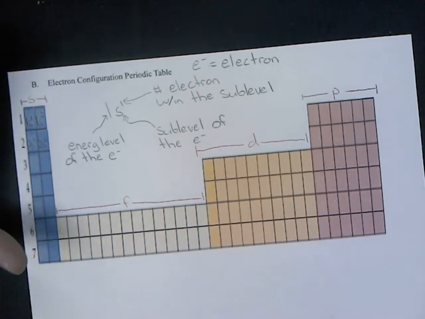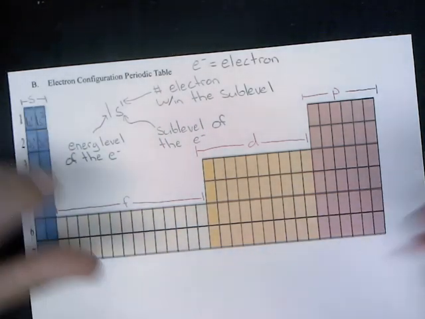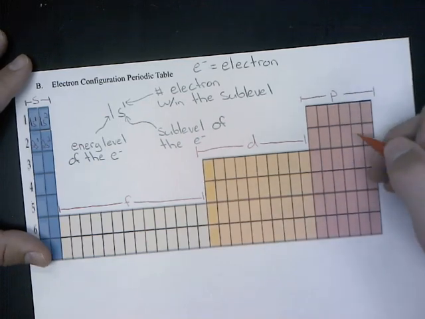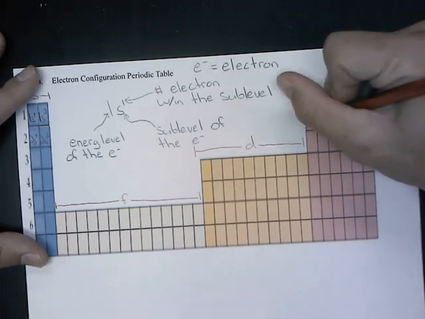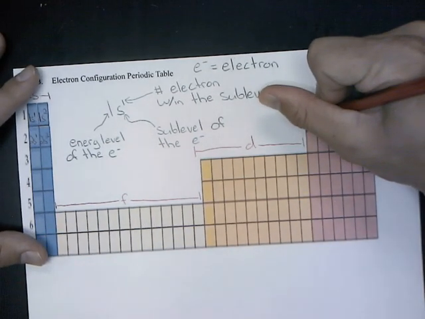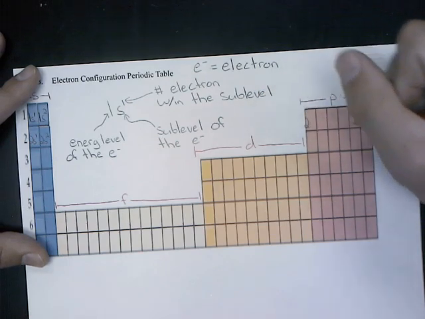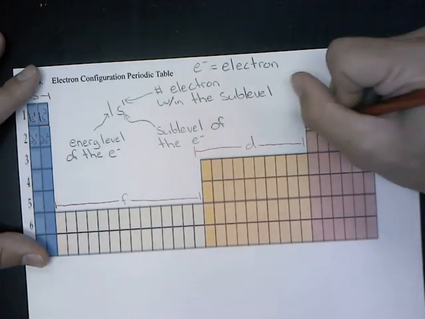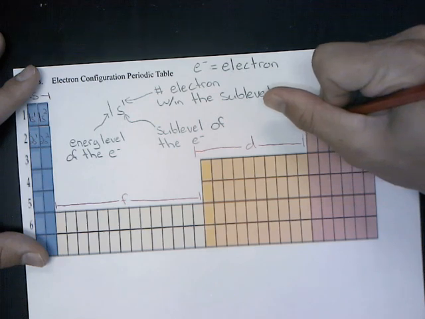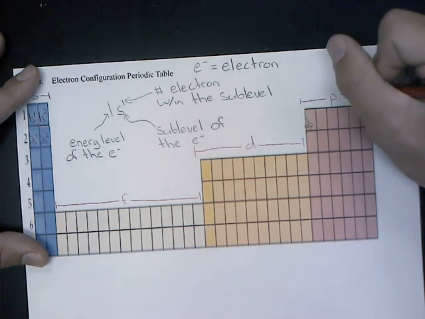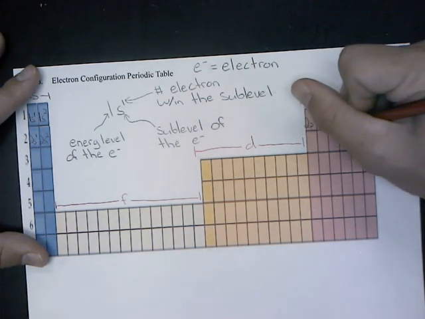All right, so now we shift over here to the P level. It is still in the second row, which means it's in the second energy level. So we say, hey, it's in the second energy level. And then we have a P because it's in the P sublevel, and we have 2p1.